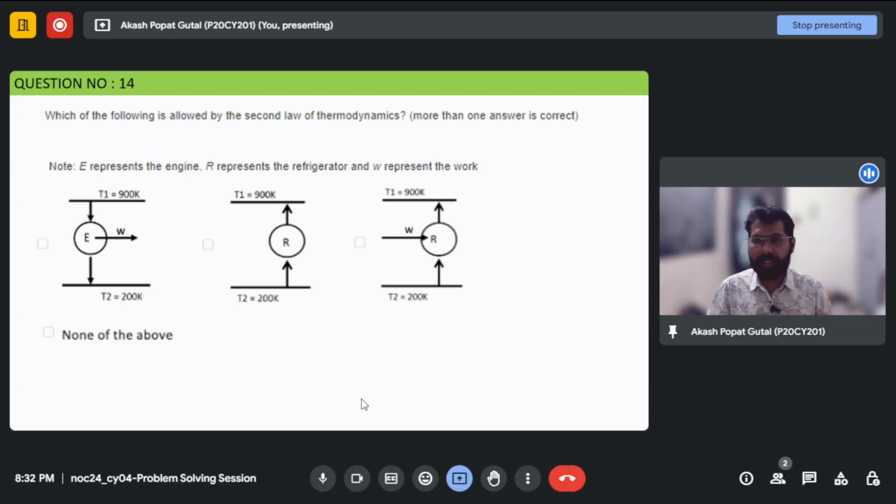If you see the first diagram, T1 is 900 Kelvin, so we can say that it is the hot reservoir, and this is the cold reservoir.